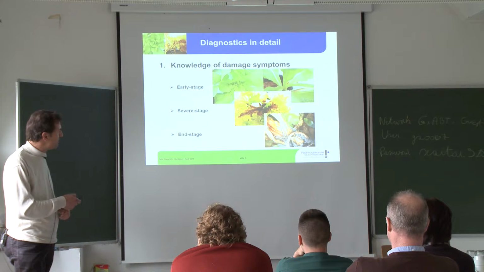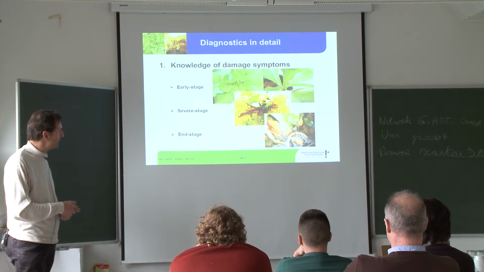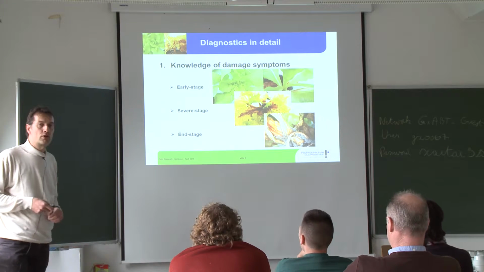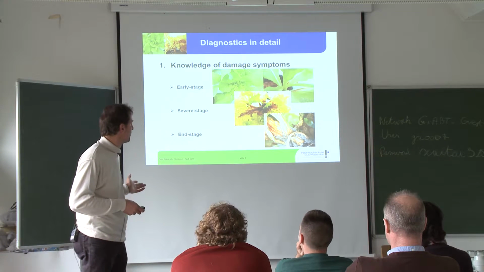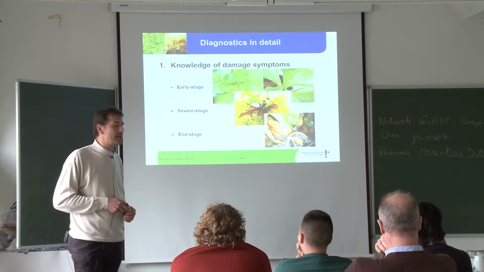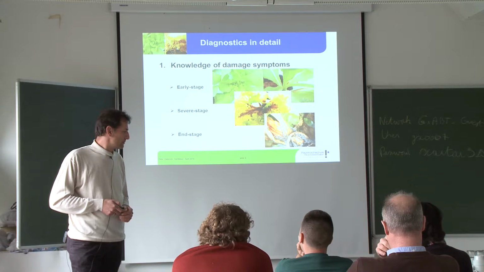Here might be something to see, something that might help us to identify. And in this case, you see this gray something on the plant, definitely not from the plant itself. So probably it is from the cause of damage. And this helps us to identify, in this case, the pathogen.